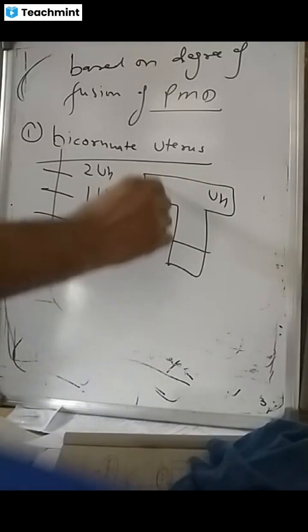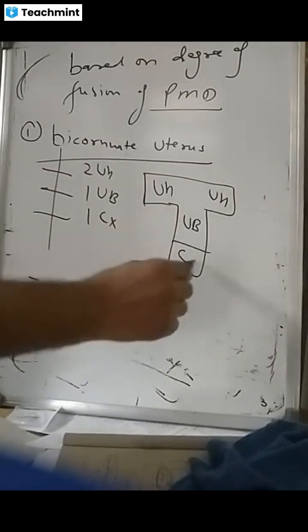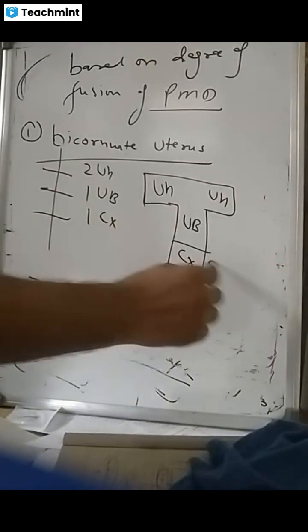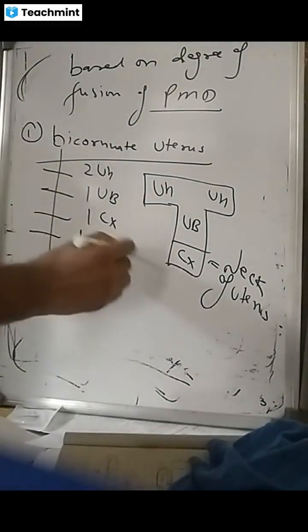Bicornuate uterus means two uterine horns, one uterine body. These are the uterine horns. This is the neck of the uterus, called the cervix. One vagina.